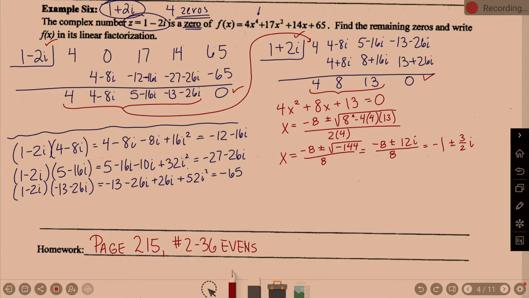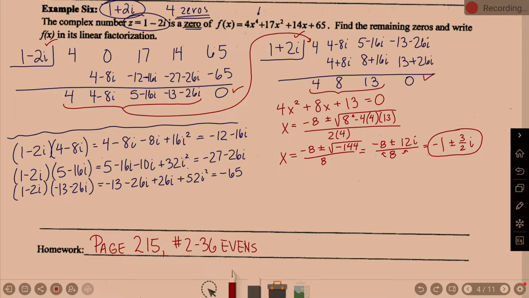So what I did is I took the 8 and put it under both pieces. Negative 8 divided by 8 is negative 1. 12i over 8, well, 12/8 reduces to 3/2, so I said 3/2 i. Now, what do we have right here? We have 2 more zeros here, don't we? So we had 2 zeros to begin with, the given plus its conjugate, and now we just found 2 more zeros.